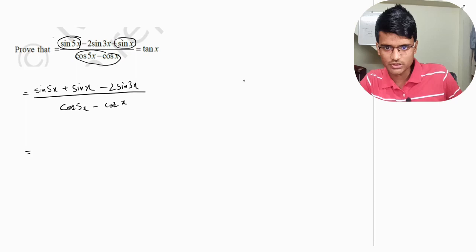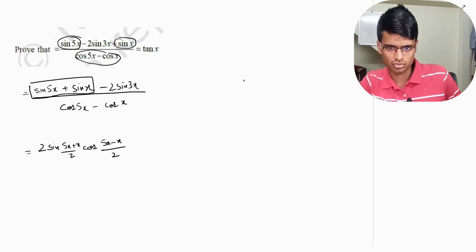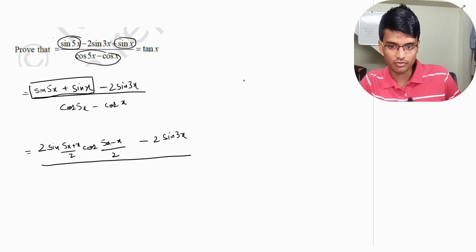For these two, first sin 5x plus sin x is nothing but 2 sin of (5x plus x)/2 cos of (5x minus x)/2, minus 2 sin 3x.